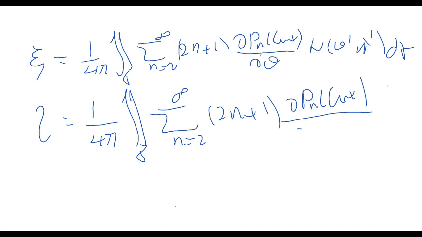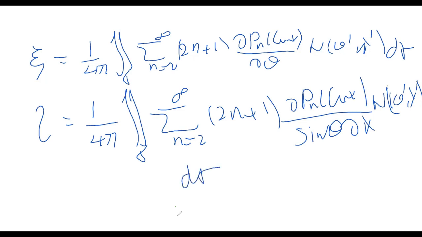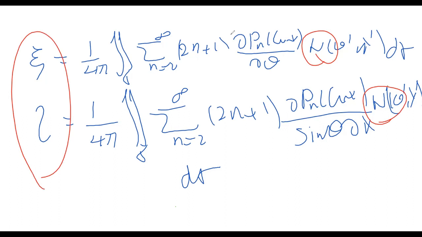Then here is, oh my God, sine theta, lambda, N (theta prime, lambda prime) d sigma. So you have N here, and you will get the deflection of vertical on the left hand side.